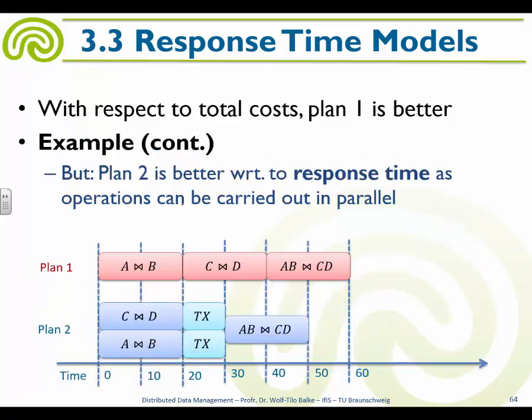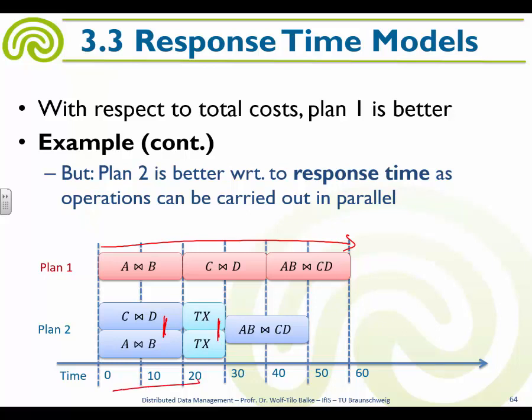But seeing what I did in arranging the operations, what we see is that in the first plan, everything is done on 1 node, which has to work sequentially. Whereas in the second, these nodes and the shipping can actually be done in parallel.